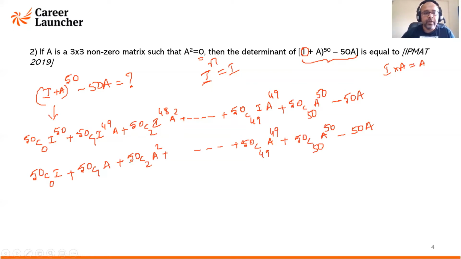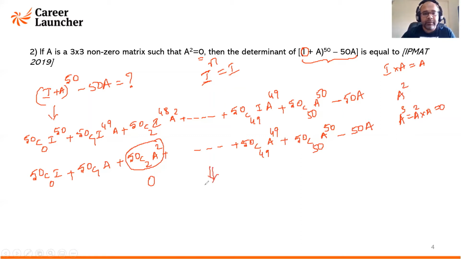Now, let's look at the powers of A. Now A square is 0, so clearly this entire thing is 0. And if you notice, if A square is 0, then A cube is nothing but A square into A, which is again 0. So all higher powers of A are zeros. All powers of A are zeros.